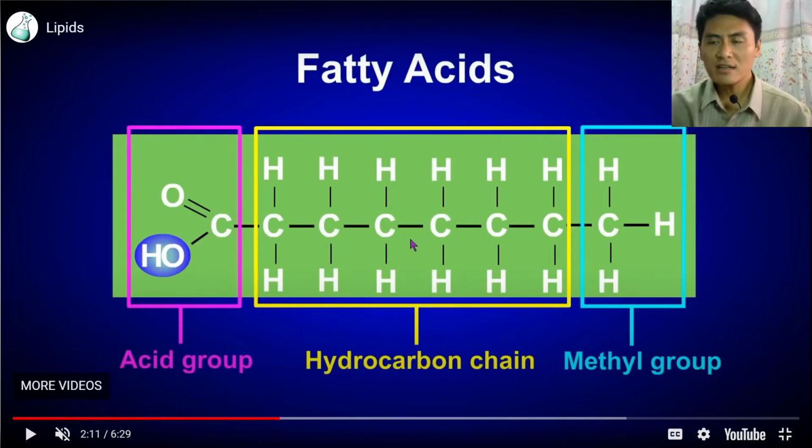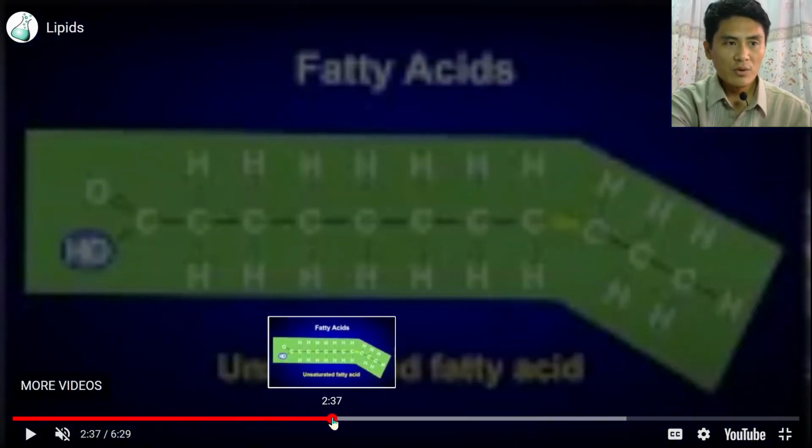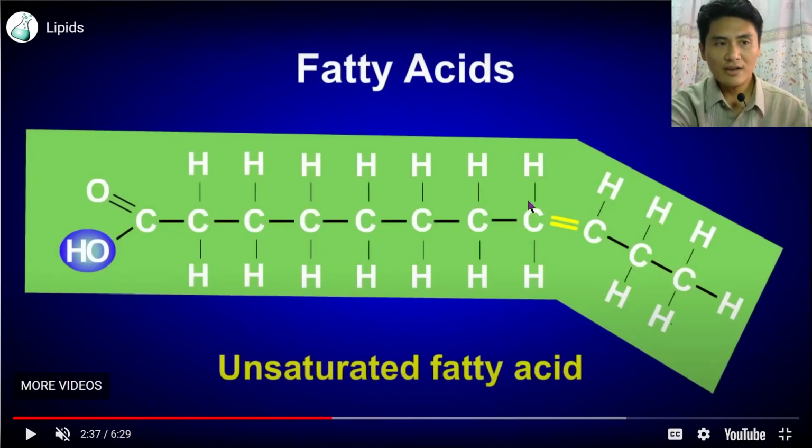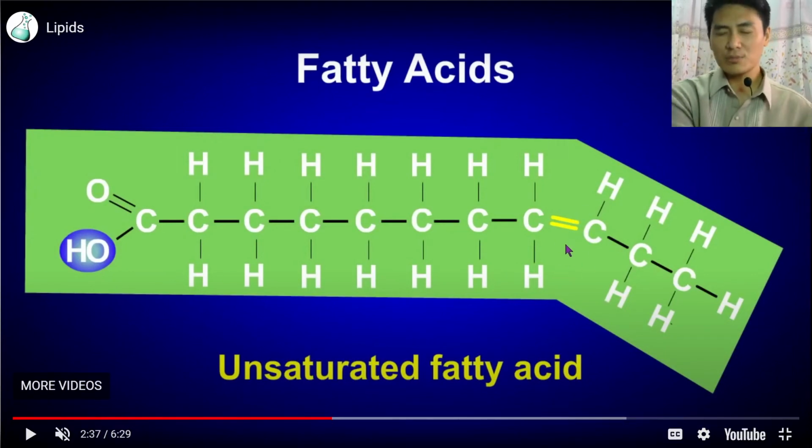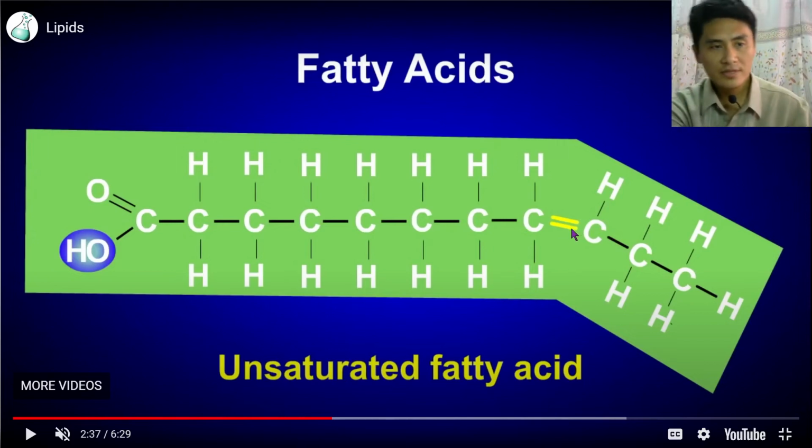So single bonds are stronger than double bonds. So the problem, therefore, is with unsaturated fatty acids, you have double bonds. So if you have double bonds, there is some more reactivity. It's more reactive than single bonds, right?